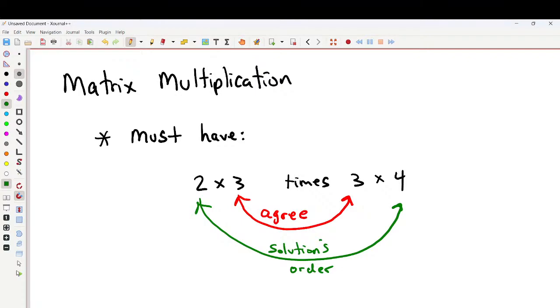The columns of your first matrix must be in agreement with the rows of your second matrix. This is rows, columns, rows, columns. So this is a matrix, and this is a different matrix. As long as the column values of the first match the row value of the second, then you can multiply 2 matrices. Furthermore, the solution's dimensions, the solution's order, is going to be a 2 by 4.